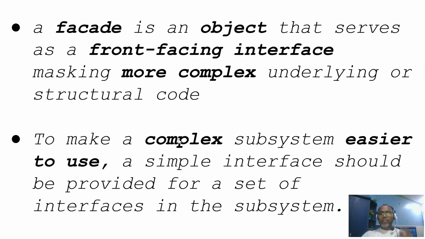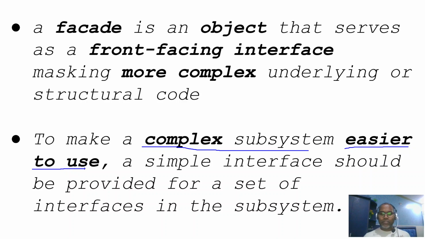So the facade design pattern simply says that whatever complex system or any system you have, this makes it easier to use. Who uses your system? Client, customer, anyone. So this is the facade pattern.